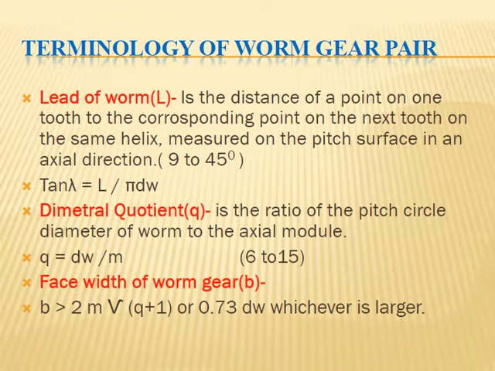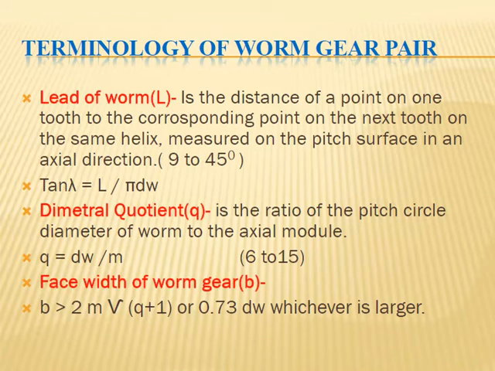And if we select a smaller Q, then the angle lambda is larger and efficiency will be high, but the strength is reduced and the shaft becomes weaker. So in practice, the diametral quotient Q is generally taken between 6 and 15, and for normal design an average value of Q is taken as 10.